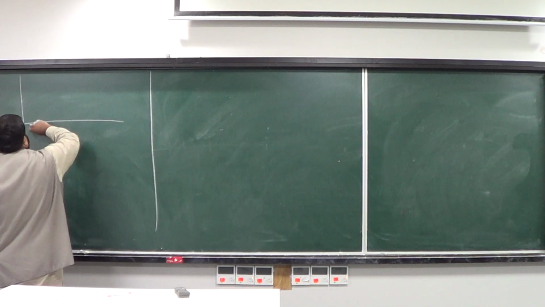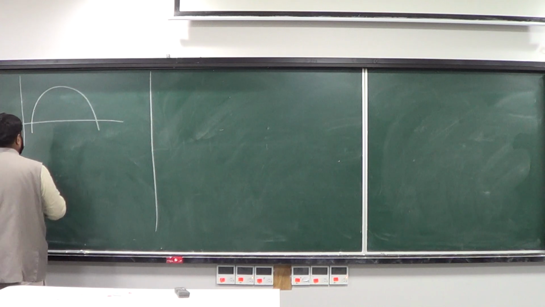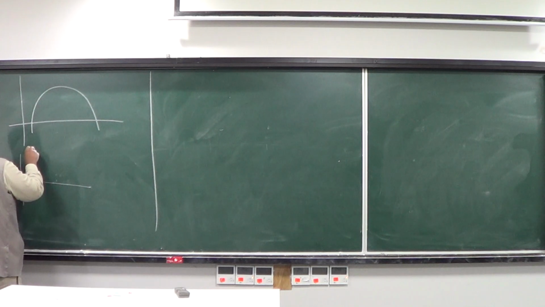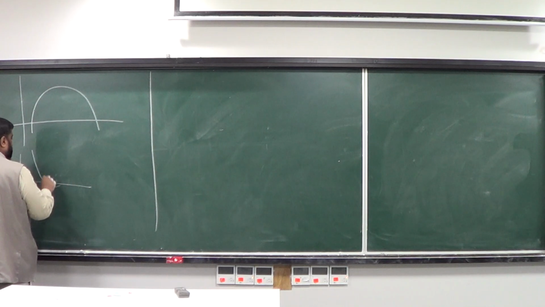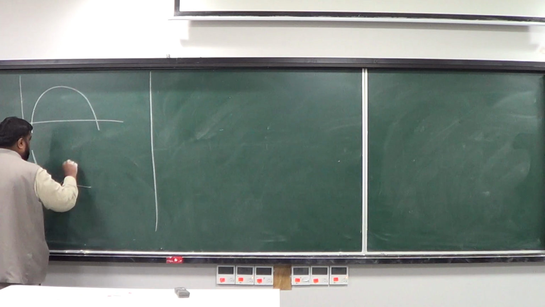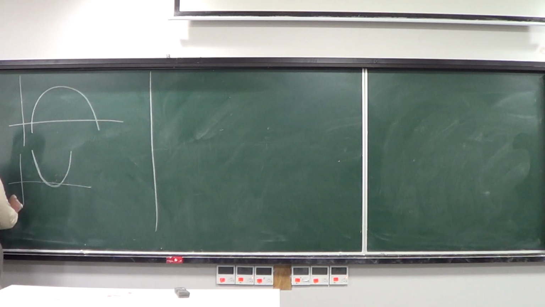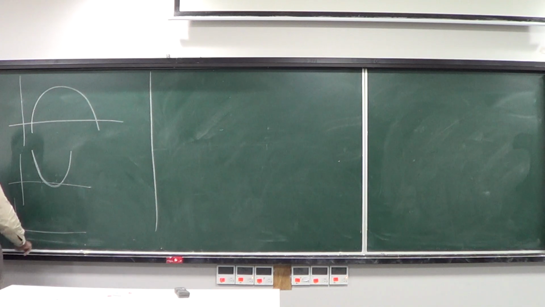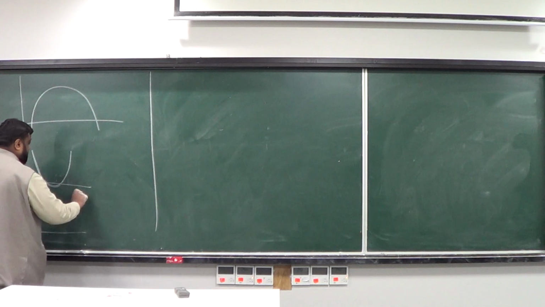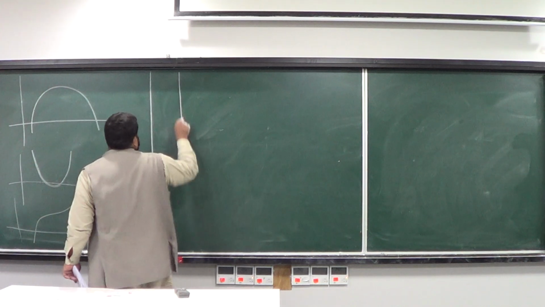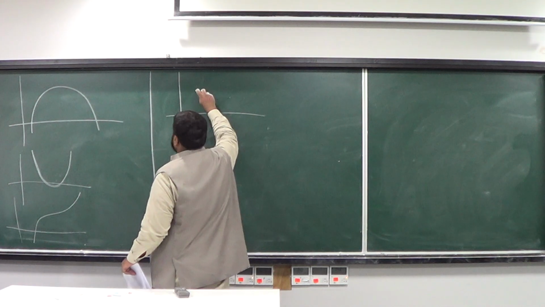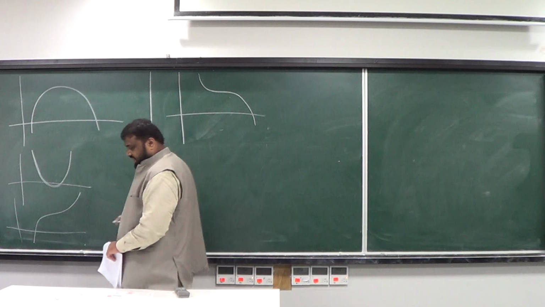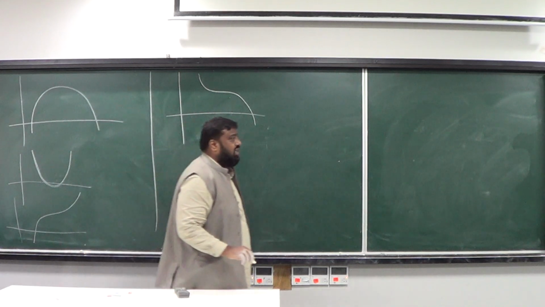Imagine I have this curve that goes like this, for example, and imagine I have another curve that goes like this, and say I have another curve that kind of goes like this.